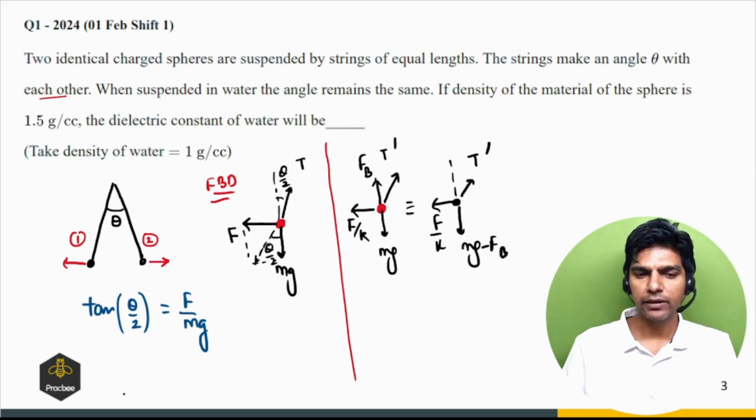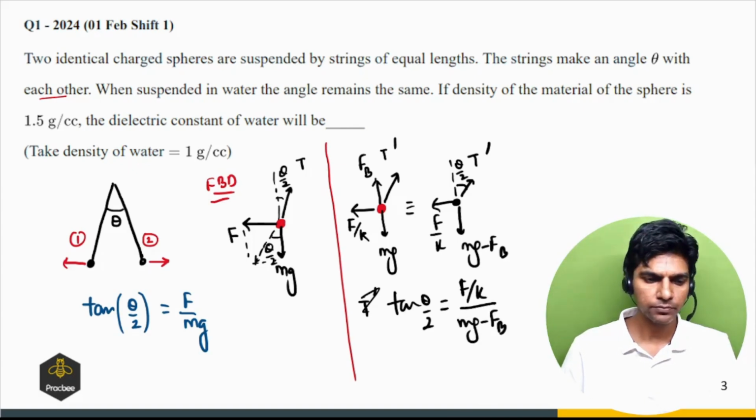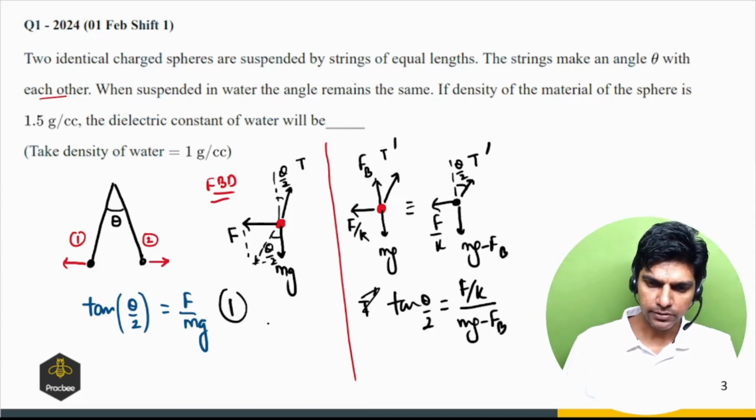And we are given that the angle between the strings is not changing, so this angle will be theta by 2 only. So it will be tan theta by 2 equals F by K divided by mg minus Fb. Okay, now this is the first equation, this is the second equation.